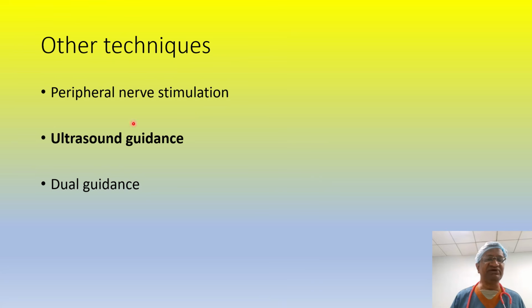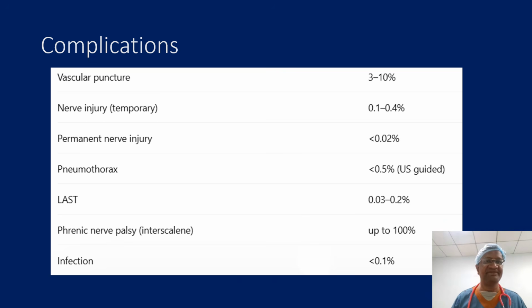The other techniques are nerve stimulation, ultrasound, and dual guidance. You keep the ultrasound and also the peripheral nerve stimulator; that is what is called dual guidance. What are the complications? Vascular puncture, 3 to 10%; nerve injuries, permanent nerve injuries are ultimately rare; pneumothorax with ultrasound, not more than 0.03%. Phrenic nerve palsy will occur in 100% with interscalene, around 40% in supraclavicular plexus.